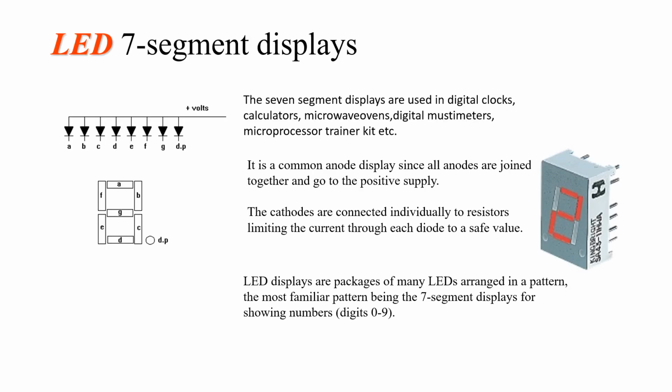Now we will see one of the applications of the LED, that is 7-segment displays. Display devices provide a visual display of numbers, letters and various signs. These display devices can be classified as passive displays and active displays.